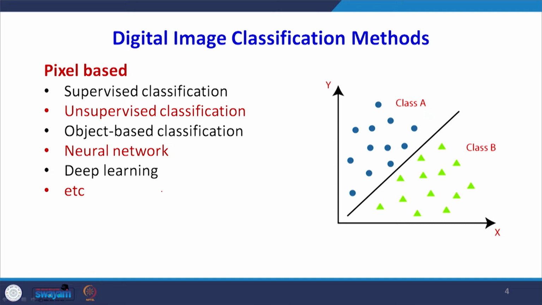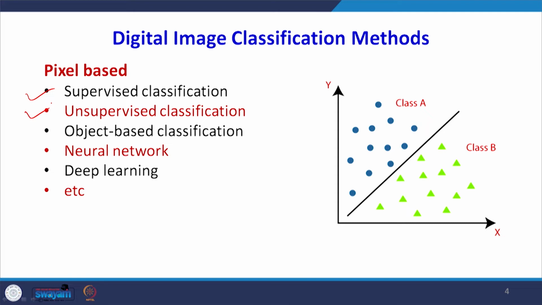When we are doing pixel based classification, here we are explaining only the digital one. There are several classification methods. One could be the supervised method, the second could be the unsupervised method, which you will learn in the next lecture. Today you will learn the supervised classification technique.